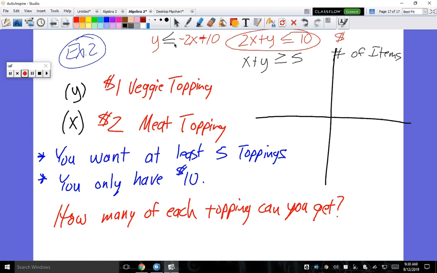Hannah, let's change the other one to y equals mx plus b form. Let's change the other one to solve for y and get y alone. Negative x plus 5. Yep.